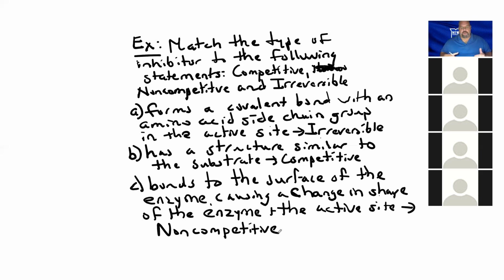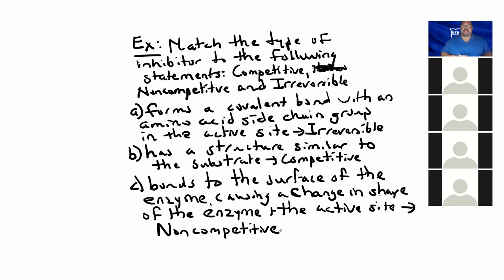So remember, in non-competitive inhibition, the shape of the inhibitor and the shape of the substrate are not similar to each other. So there's not a competition for the active site. But what a non-competitive inhibitor does is that it bonds to another area of the enzyme. And when it is bound to the enzyme, the three-dimensional shape of the enzyme becomes distorted. And therefore, the shape of the active site becomes distorted.